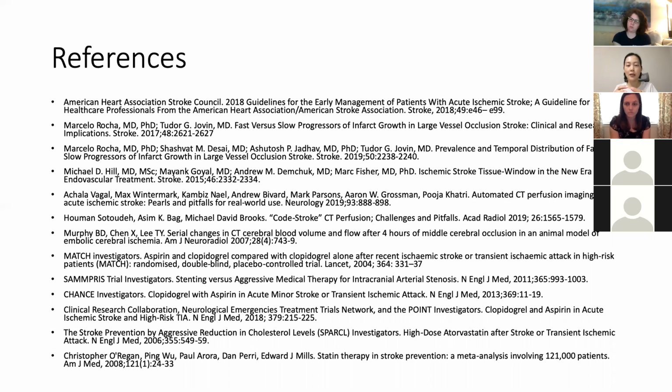In most cases, if you already have a CTA, then you don't need additional MRA unless you specifically are looking to double check something. If you have a CTA, just go ahead and order an MRI brain, either without or with and without contrast. But if you don't have a CTA and you're evaluating the patient for a stroke, then go ahead and get an MRI brain, MRA head and neck, or the stroke protocol to get you all of that information.